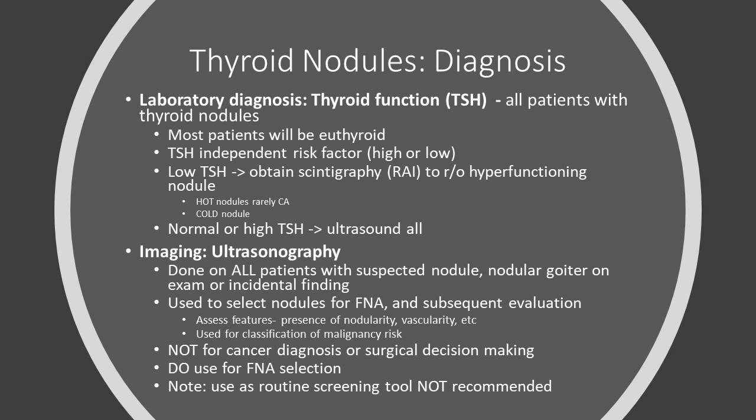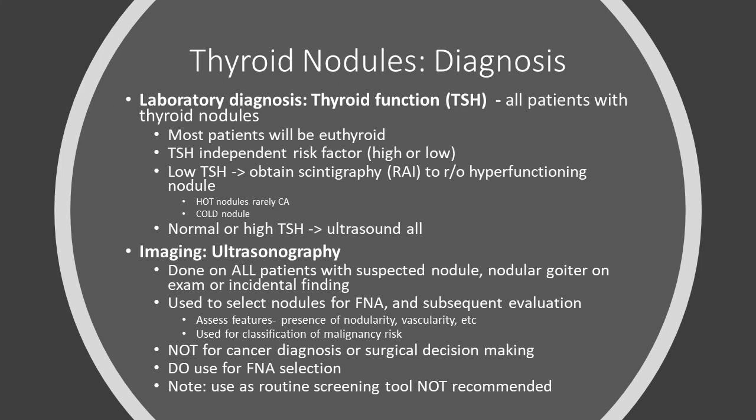So if you're sending a TSH and you have a low TSH, with those patients you want to obtain scintigraphy, so the radioactive iodine test, because they can identify a hyperfunctioning nodule. It's sending off a lot of T4, so you're hyperthyroid, right? TSH is low.